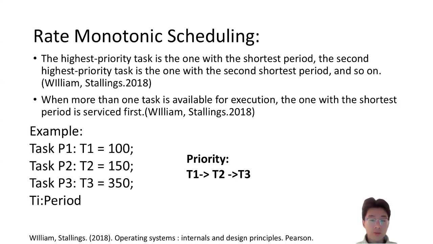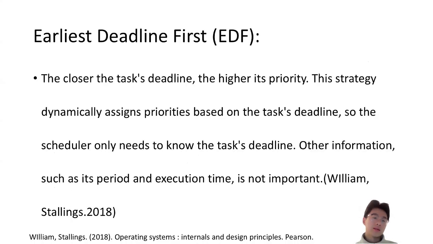The high priority task is the one with the shortest period. And about EDF, the closer the task deadline, the higher its priority. It's a strategy that dynamically assigns priority based on the task deadline.